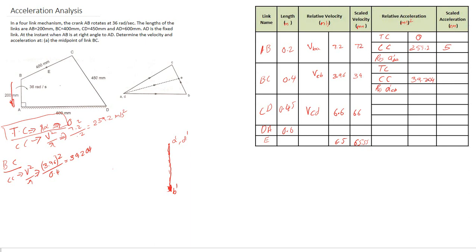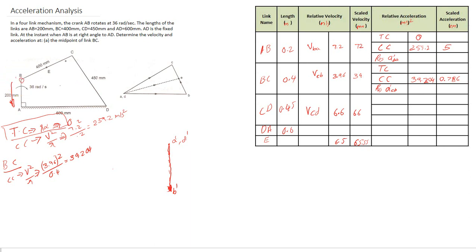By taking the ratio, the corresponding component for this scale drawing for the acceleration diagram will be equal to 0.786. Simply take the ratio, so you can get the value of the dimension for the acceleration diagram. Next we have to determine the direction. Here the point B is assumed to be fixed.